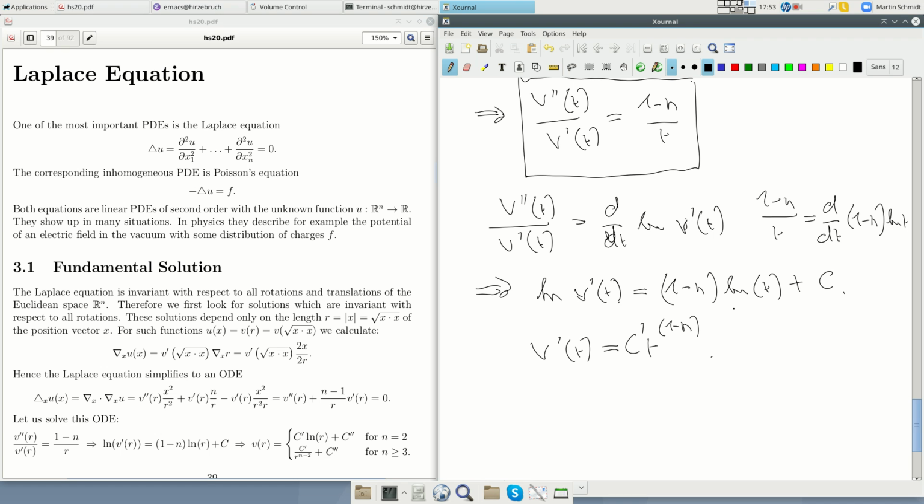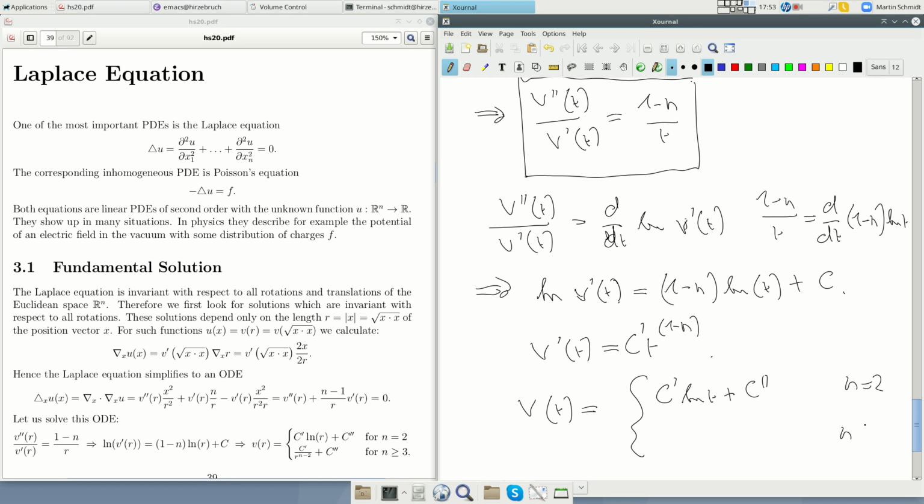And now we can integrate a second time. Now we integrate another time. So let's integrate this, and what we get is v of r. Now if we integrate this, what do we get? For n equals 2 we have to be careful, because then it's just c prime times ln r plus c double prime, another integration constant.